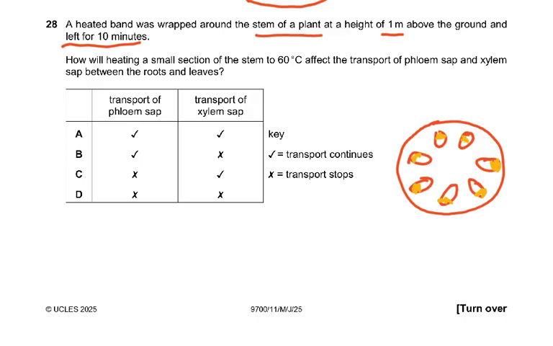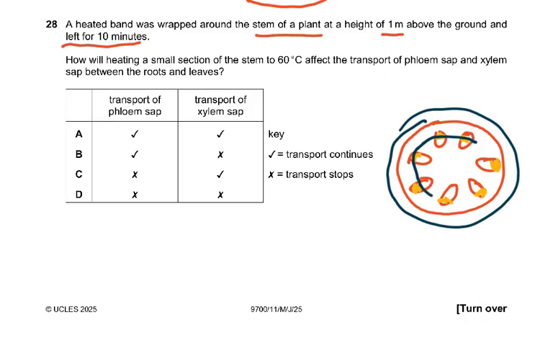When you attach a heated band around it, at 60 degrees, how will it affect the transport of phloem sap and xylem sap between the roots and the leaves? You see, the phloem will be destroyed. So this phloem will be destroyed because it's heating, so all the enzymes, proteins like co-transport proteins would be destroyed. So this would not be able to work. So the phloem is not going to work.